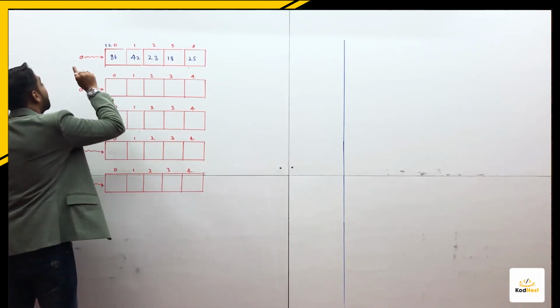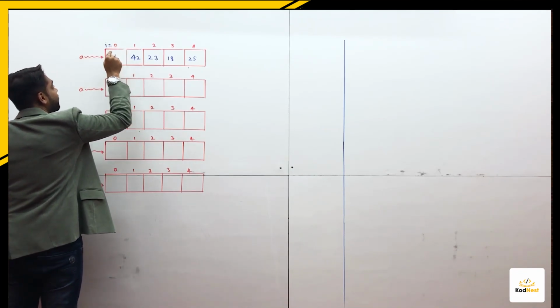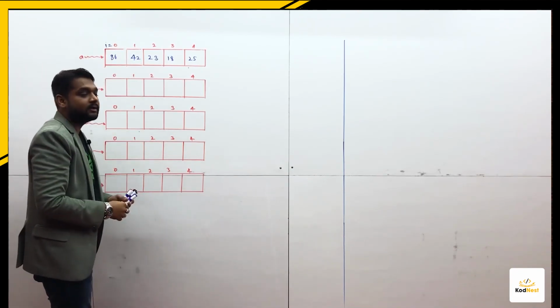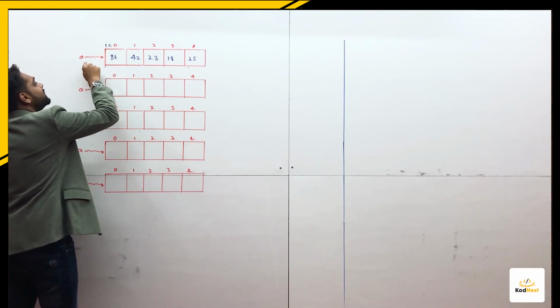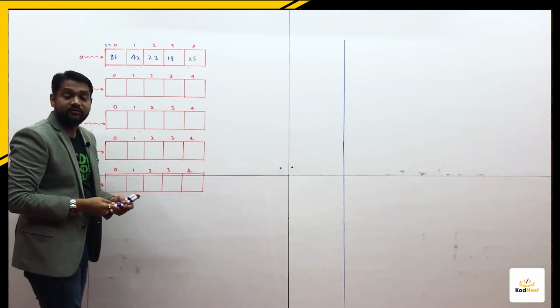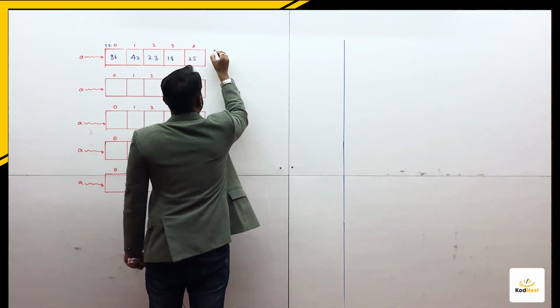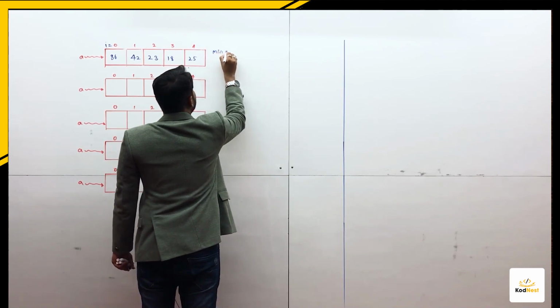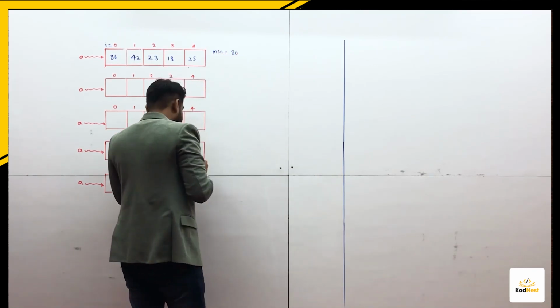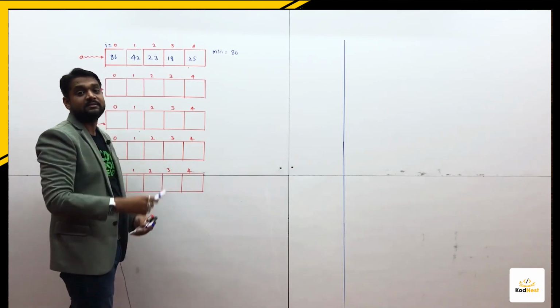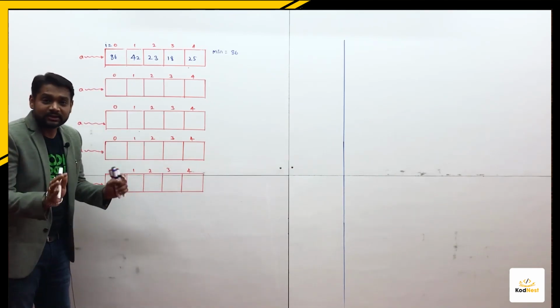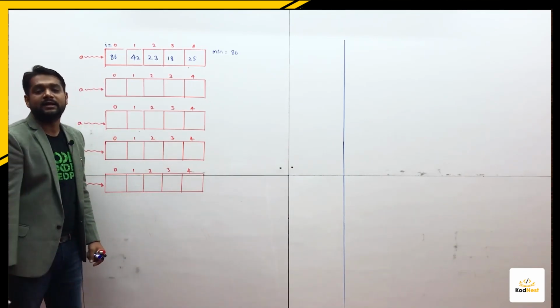I is 0. What is array of 0? 86. We have to assume that 86 itself is the minimum element. Actually that is not, but assume is what they are telling.